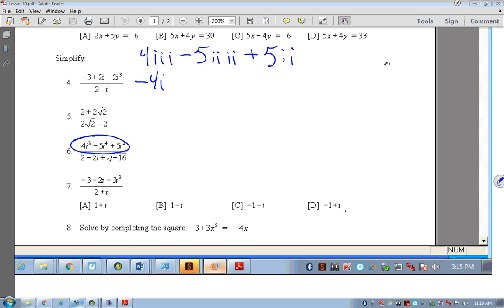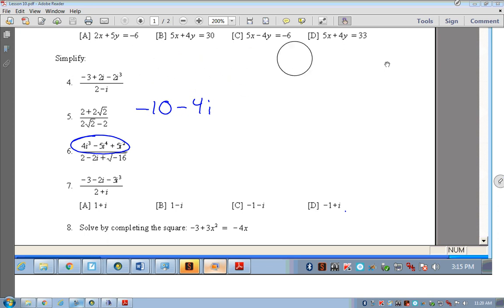Now anytime I have 4 i's, that's a positive 1. So this is just negative 5. And over here I've got, what? Negative 5 again, right? So this is really negative 10 minus 4i in my numerator. See how we took all of that and simplified it? All right, good. So we're going to hold on to that. Okay, and I'm going to shove it up here, negative 10 minus 4i, so it's out of my way.